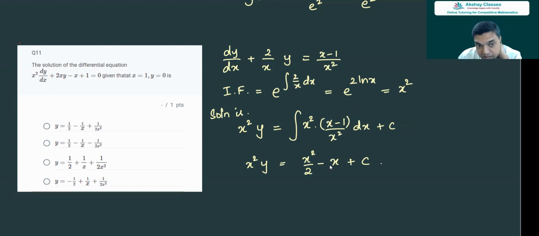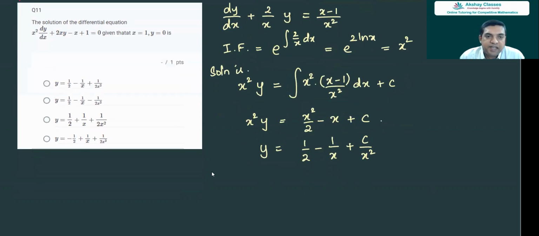Integral will be x square by 2 minus x plus c. So y is 1 by 2 minus 1 by x plus c by x square.